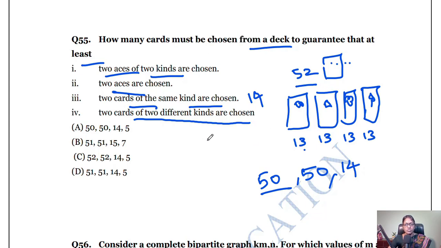So 4 cards will be the same kind, but if I take one more card, either 2 or 3 or 4 will come. So 2 different kinds of cards will come at that time. So if I take 5 cards, I will surely get 2 cards of 2 different kinds. So option A, 50, 50, 14, 5 is the answer.